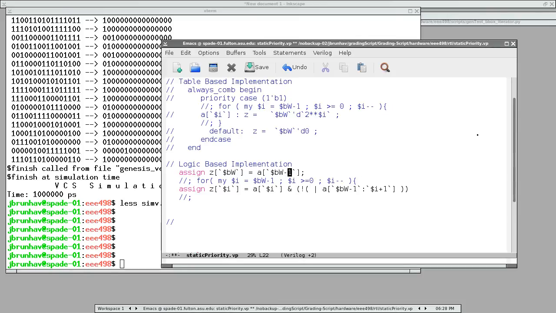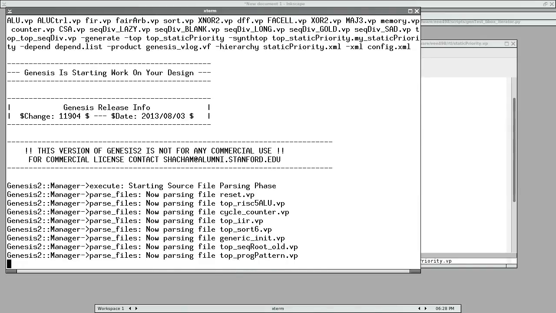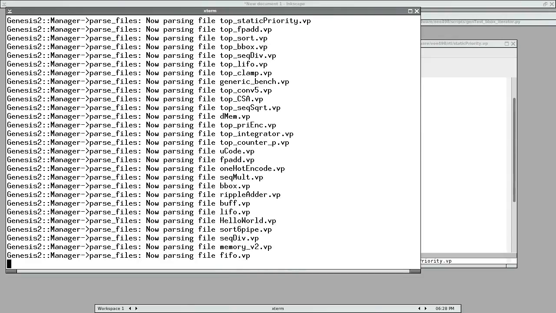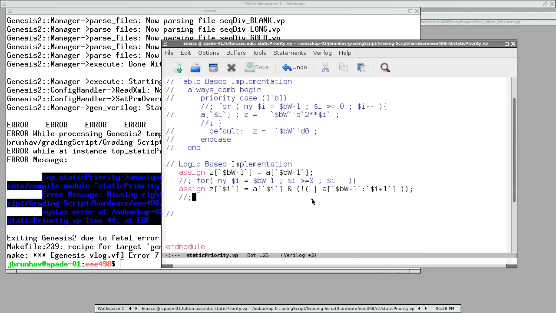And we forgot the minus ones here. So we probably have a typo. We're missing a right curly brace.